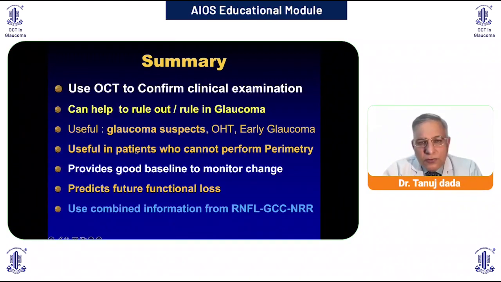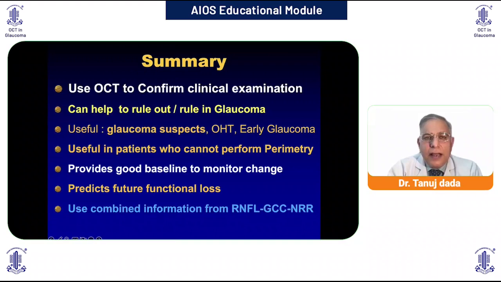And also very useful in some patients who cannot perform perimetry or cannot perform it reliably. There it becomes very handy as the only investigation. You are getting with the OCT a good baseline of the optic nerve and the RNFL and ganglion cell to monitor change over time.